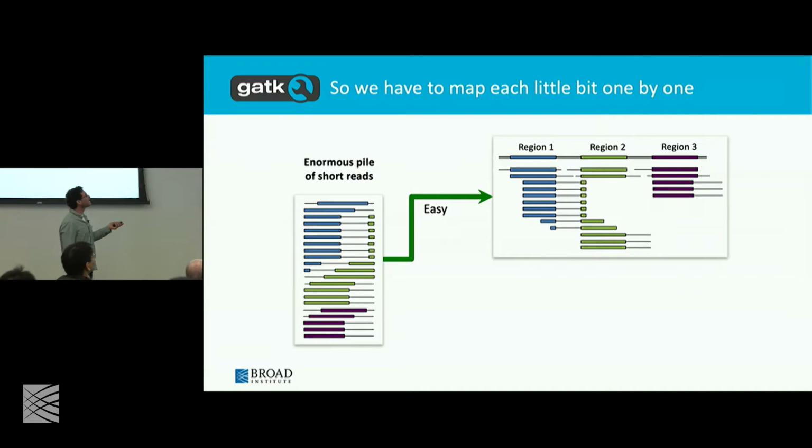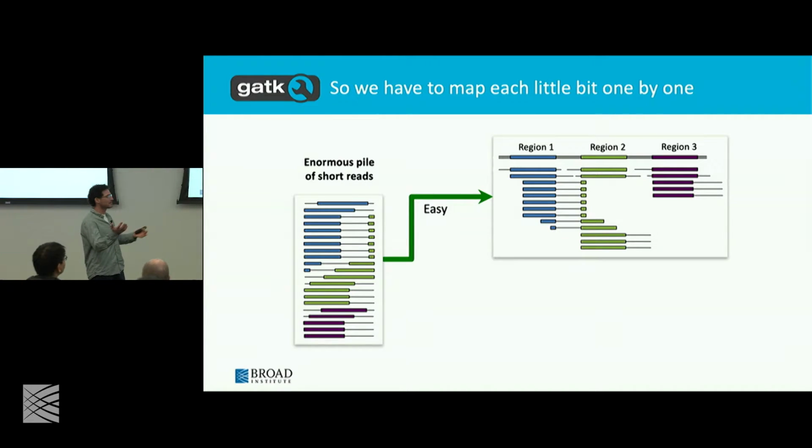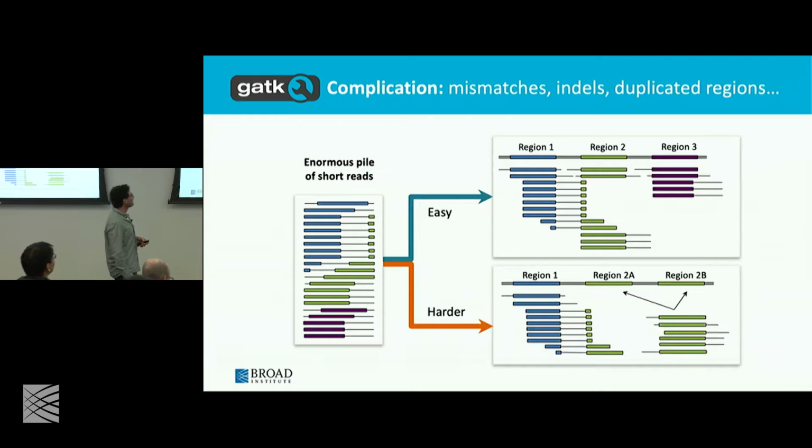Okay, so in the easy case, when we just have the reads, there's no replication, everything is different from everything else, then the aligner has an easy job. But sometimes it's not so simple. Sometimes the reference itself has replicated regions, right?